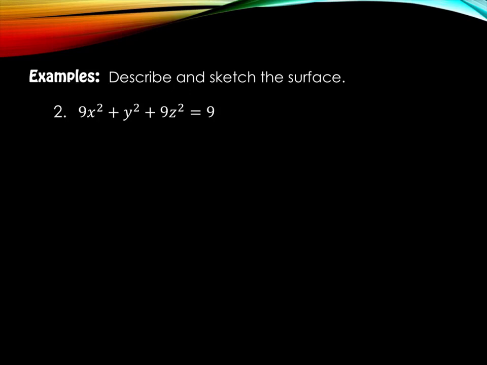This has 3 squared terms, and right now it's equal to 9. So how am I going to get this into one of the forms that we've seen in the equations? Divide it all by 9. All right, we're going to divide it all by 9. So I've got x squared over 1 plus y squared over 9 plus z squared over 1 equals 1.